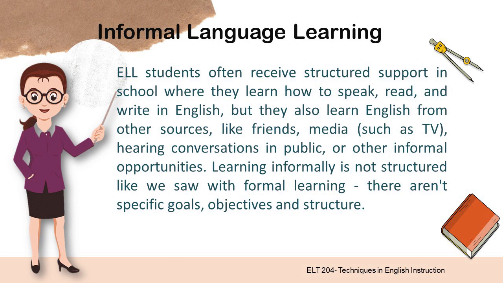So English language students often receive structured support in school where they can learn how to speak, read and write in English. But they also learn from other sources like friends, media such as TV, hearing conversations in public, or other informal opportunities. Learning informally is not structured like we saw with formal learning. There aren't specific goals, objectives, and structures.